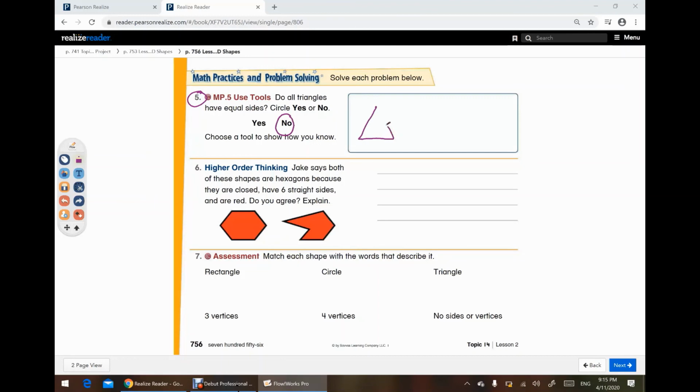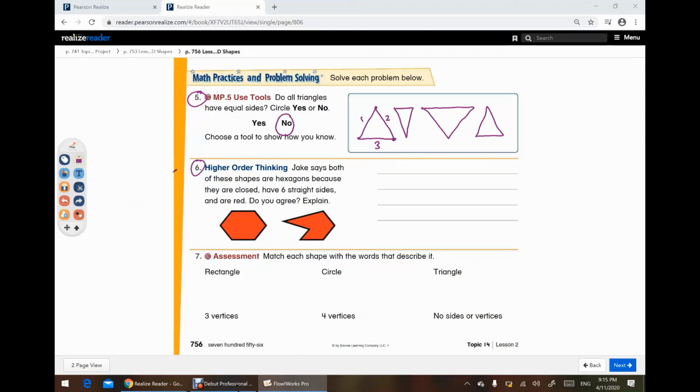Now, one triangle can be like this. One triangle can be like this. One can be like that. Another one can be like that. In a triangle, they should have 3 vertices and they should have 3 sides. But they are not supposed to be equal. All the sides are of different sizes, okay? But they are straight.